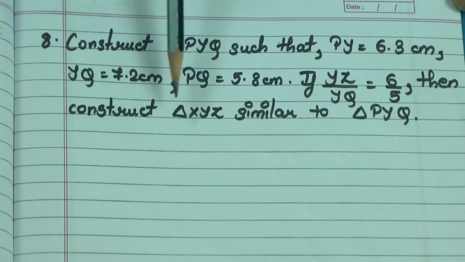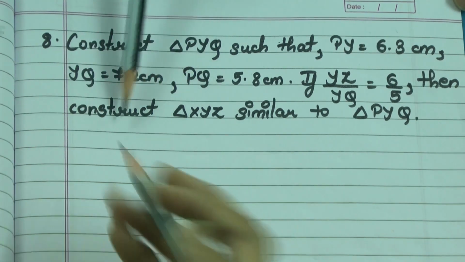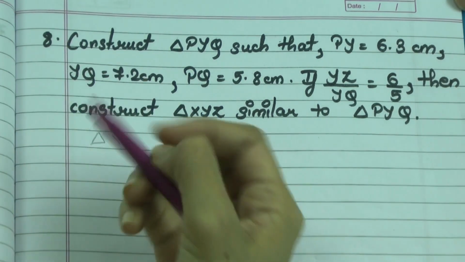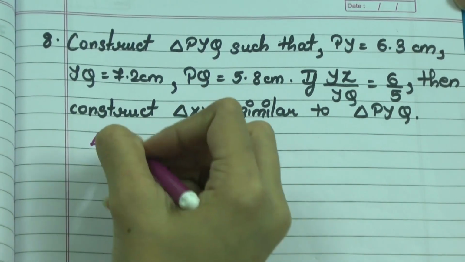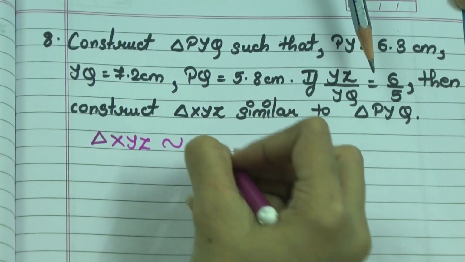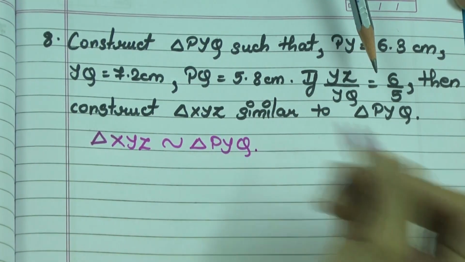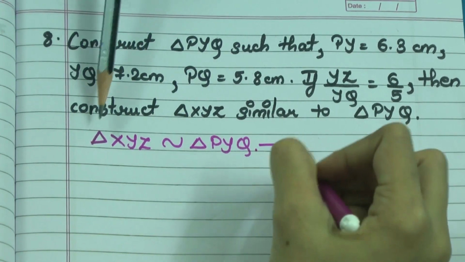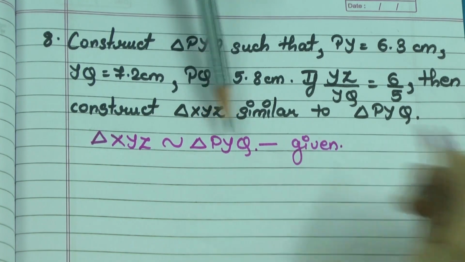So here it is given triangle XYZ is similar to triangle PYQ.